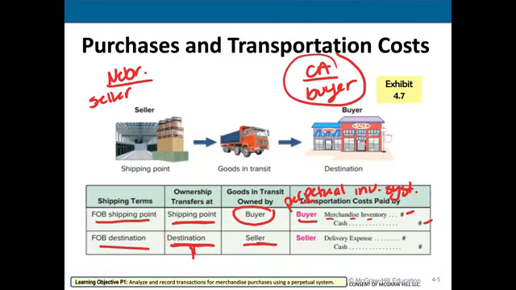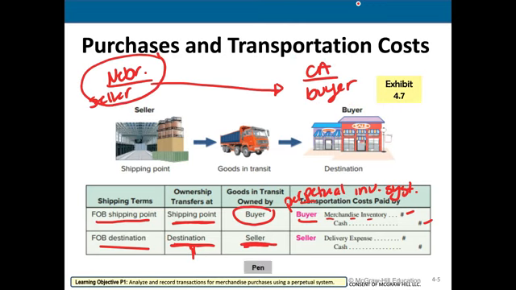The goods are owned by the seller until that point, this entire time, not the buyer. So if it's FOB destination, the seller is going to own that inventory until it reaches California.